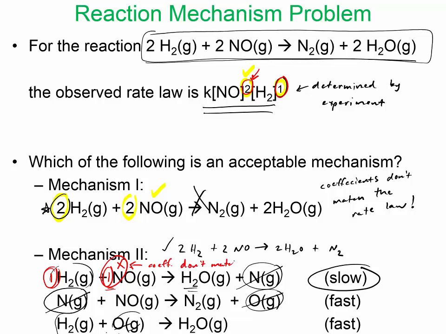The coefficients of the slow step don't match the exponents of the rate law. So this doesn't work either.